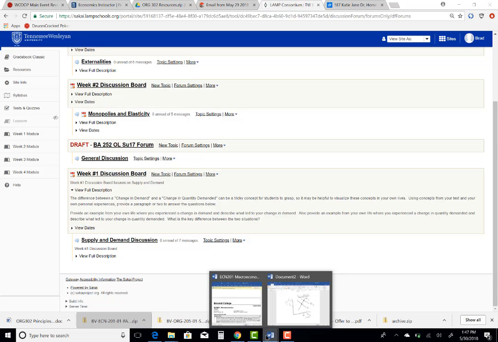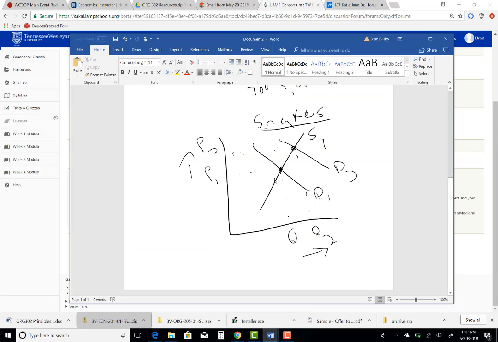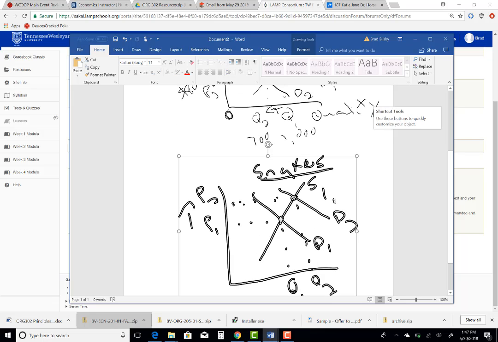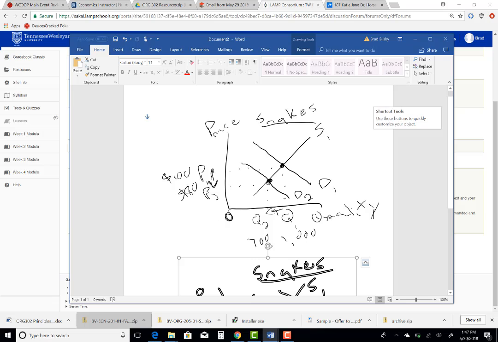So what we've seen in these examples was a change in demand, right? Our demand actually moved. In one case, the demand went up because people are buying more snakes because there's this rodent infestation. In the first case, people are buying fewer snakes because monkeys are now more popular. So two different reasons, but in both cases, demand changed. People are buying more or less of a good at a given price.